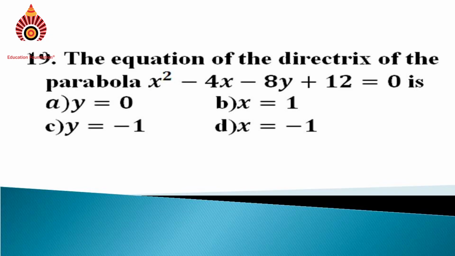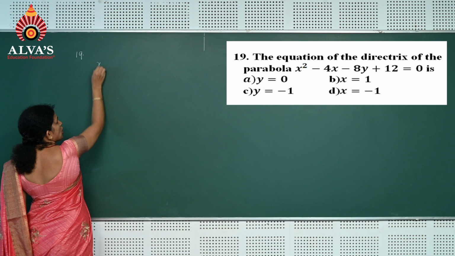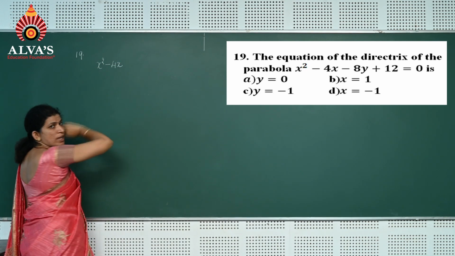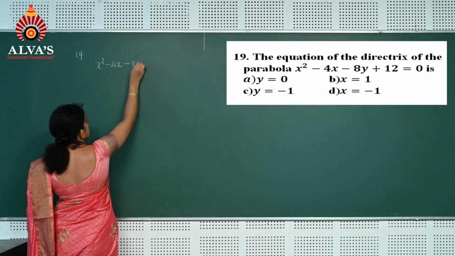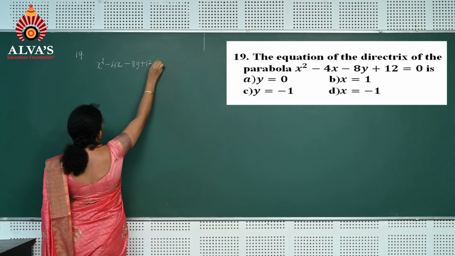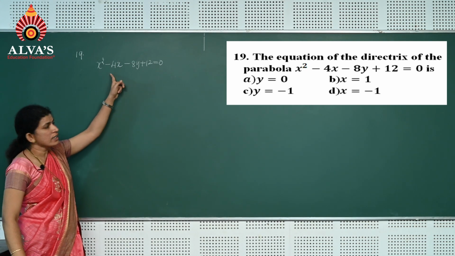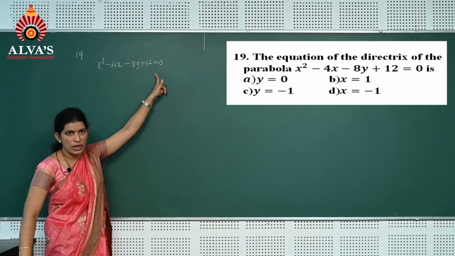Come to question number 19. The question is, equation of the directrix of the parabola x square minus 4x minus 8y plus 12 equal to 0 is. See, equation of the directrix drawn to this parabola we want.